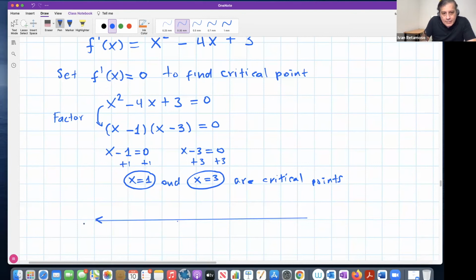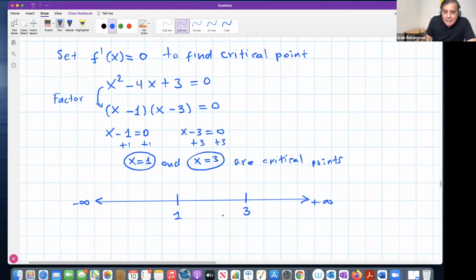So this will be negative infinity, this will be positive infinity. In between, you will have 1 here, let's say, and 3 here, on the right, right? 0 is kind of in the middle, or 0 here, perhaps. All right, 1 and 3 set on the number line. Now, these two guys, when set on the number line, determine 3 regions. Look, 1, 2, 3, 3 regions, okay?